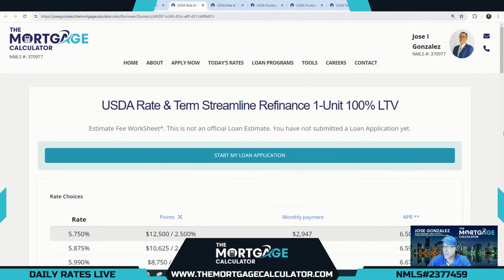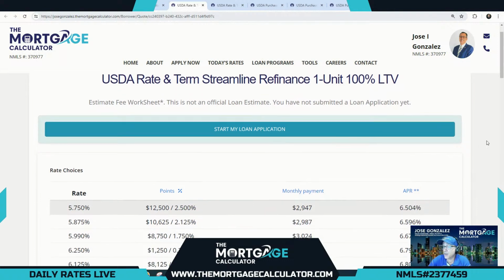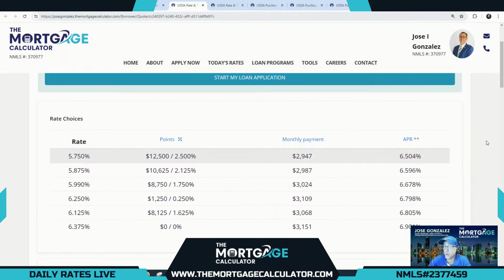And now our last option under USDA is our rate and term streamline refinance. To be able to do this, you have to be refinancing from an existing USDA loan. The streamline portion means that you're not going to have to pay for an appraisal. There's going to be limited income and credit requirements as long as you are current on your home loan.